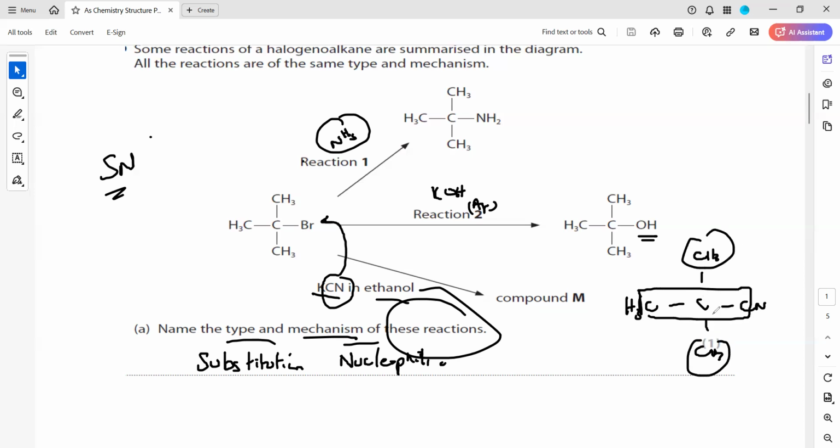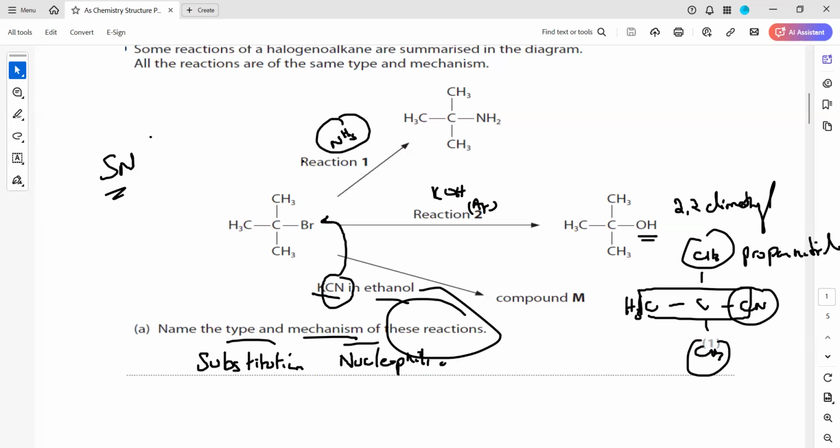So we have two branches. What will be the name of this compound? 2,2-dimethyl, because two methyl branches are there, and three carbon atoms are there. So we call it prop, with a single bond, and due to the CN, we call it nitrile. So this is 2,2-dimethylpropanenitrile. That's the name of this compound.